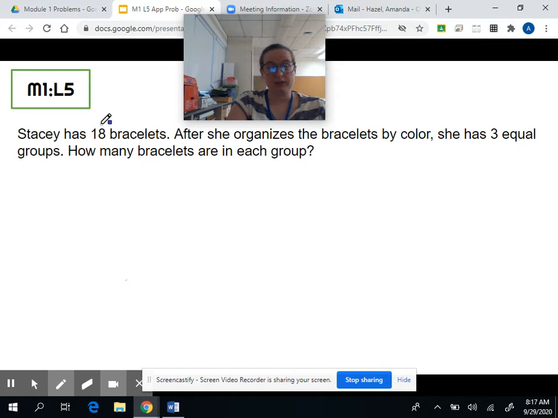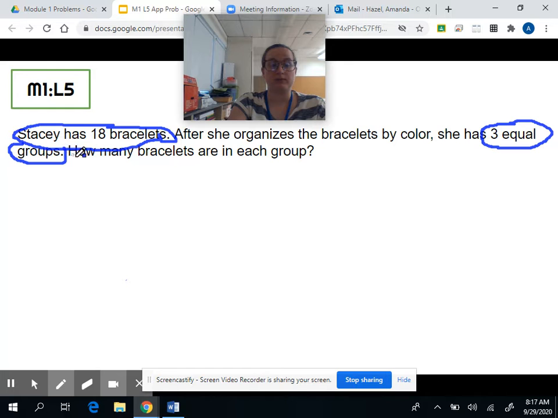Especially if we see numbers, those are important parts to our word problem, right? So Stacy has 18 bracelets. I'm circling that information. After she organizes the bracelets by color, she has 3 equal groups. That is also important.